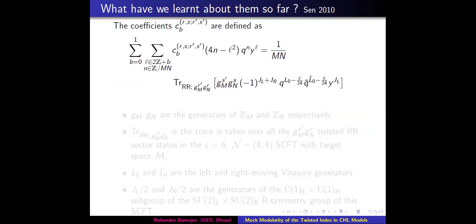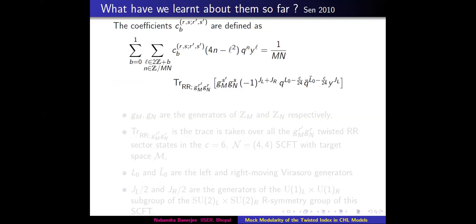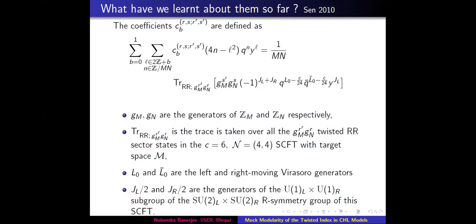Good. And the coefficients appearing here are for the first subscript being 0, but for generic subscript also one can find it, and the quantity on the right hand side is related to the modified helicity trace index. Here Gm and Zns are generators of Zm and Zn, and this trace is taken over all the twisted RR sector states in this particular superconformal field theory, which can be either T4 or K3.